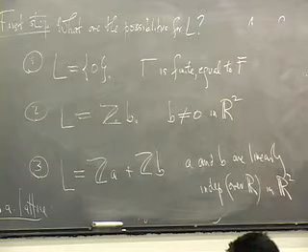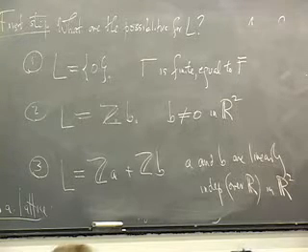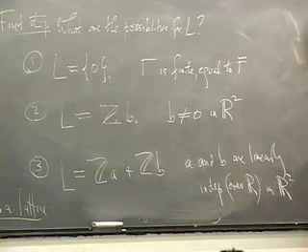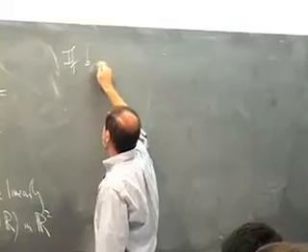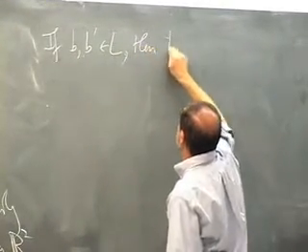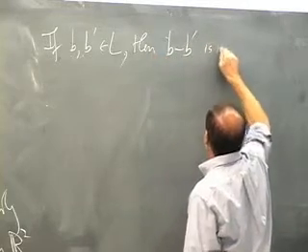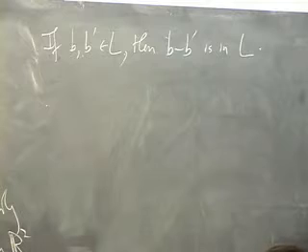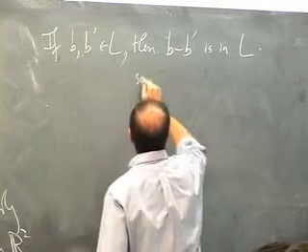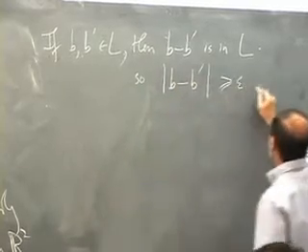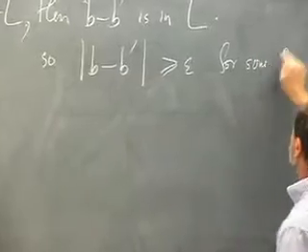So let's make a couple of initial observations before we prove this. If you have 2 vectors b and b prime in L, then b minus b prime is in L as a vector in R2. So the norm of b minus b prime is bigger than epsilon for some fixed epsilon.